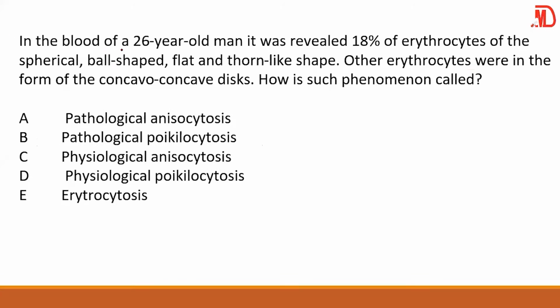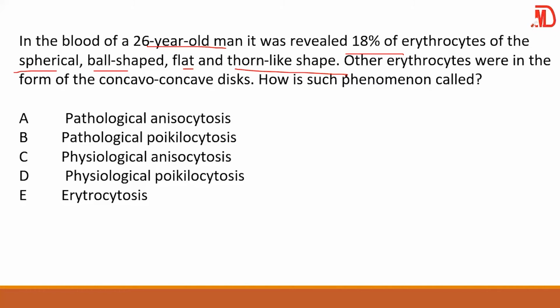Now, in the blood of a 26-year-old man, it was revealed that 18% of erythrocytes are of spherical, ball-shaped, flat, thorn-like shape. You and I know that erythrocytes are supposed to be what? Biconcave in nature.